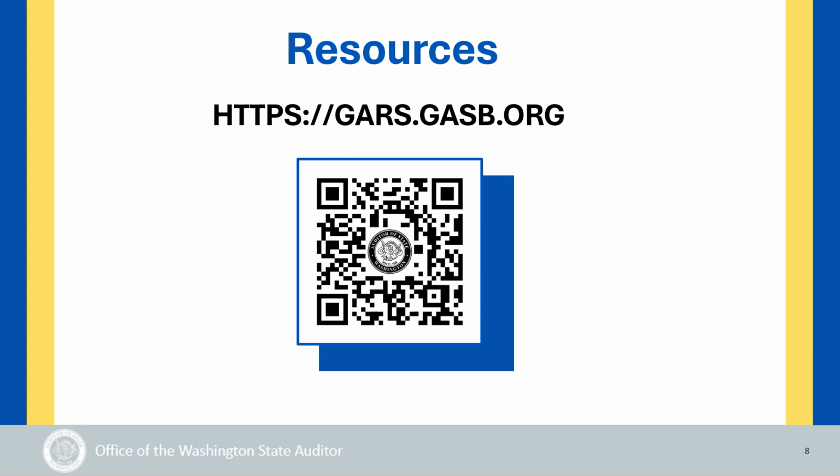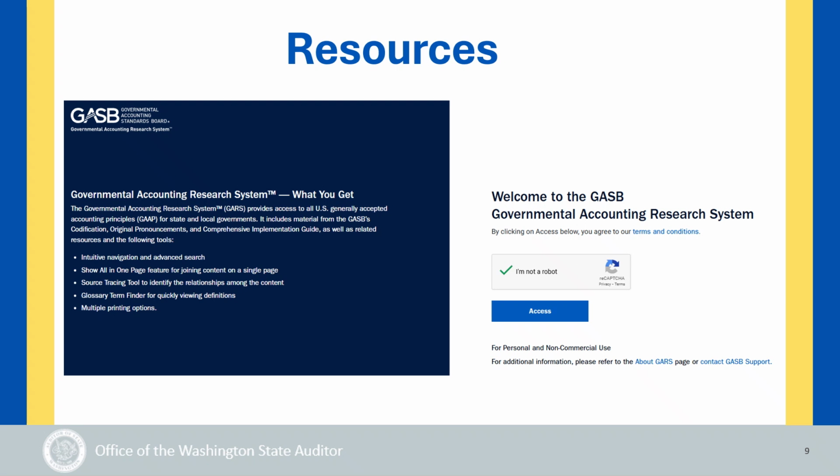To follow along with GASB codification requirements, visit GARS by typing in the website displayed on your screen or by scanning the QR code. Feel free to pause this video and take a moment to pull the GARS website up. You will need to follow a few security prompts to get logged in. You do not need to have an account or login access to GARS. It is free to use.